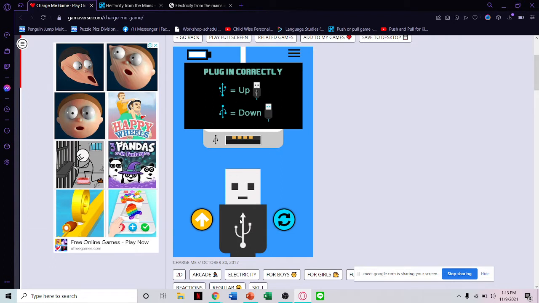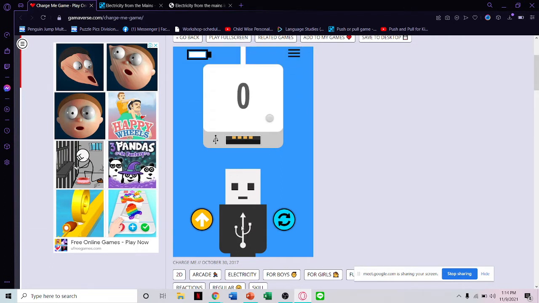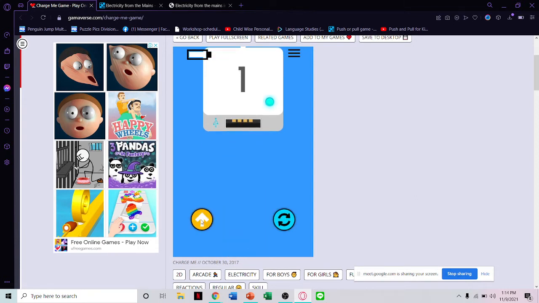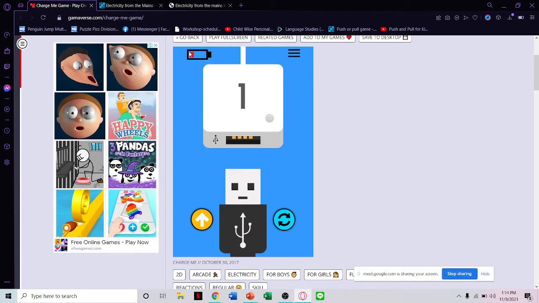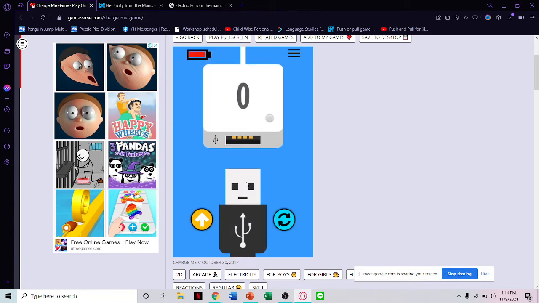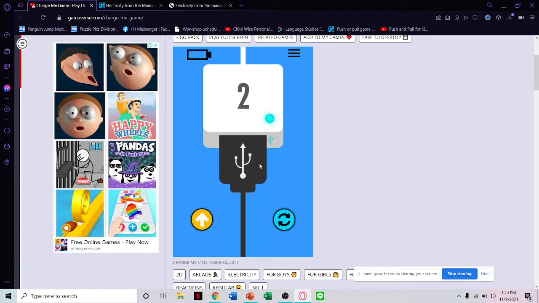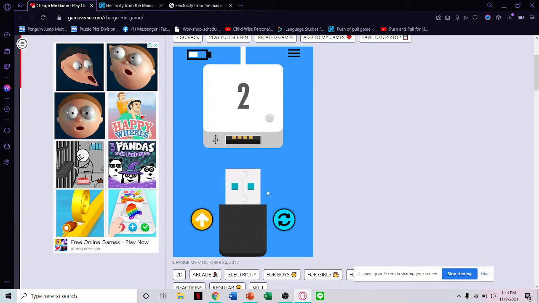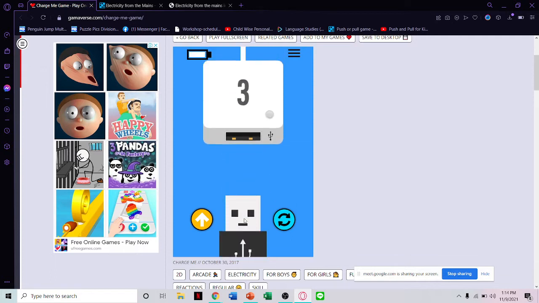If it is facing down like this, then I have to press this to flip it and then insert. You can see there's a battery here. It means you have to be fast because you are losing energy. If it is down here, flip, insert. Or if it's like this, then it's correct. Just go put it. Do you understand? This one is upside down.